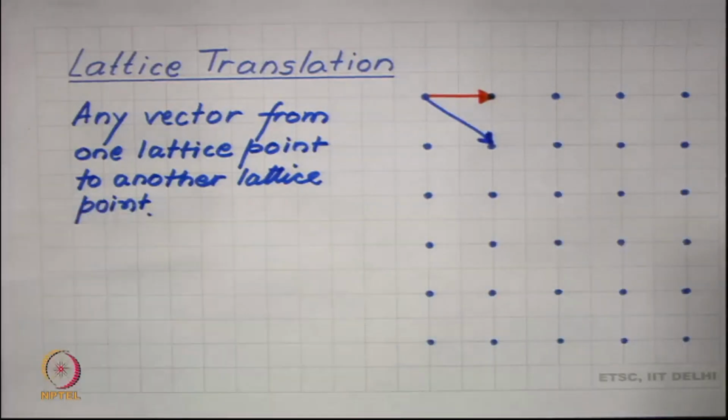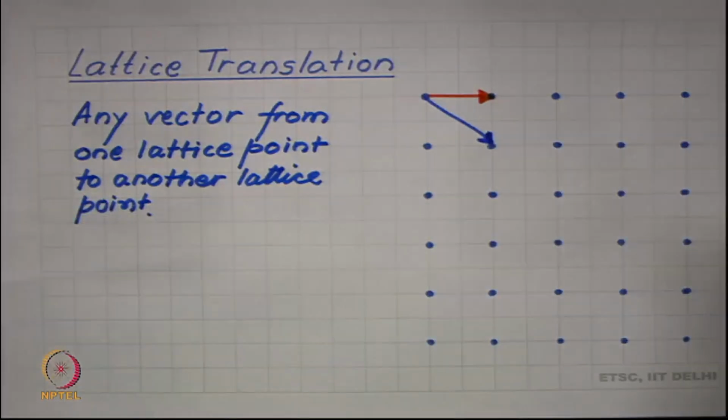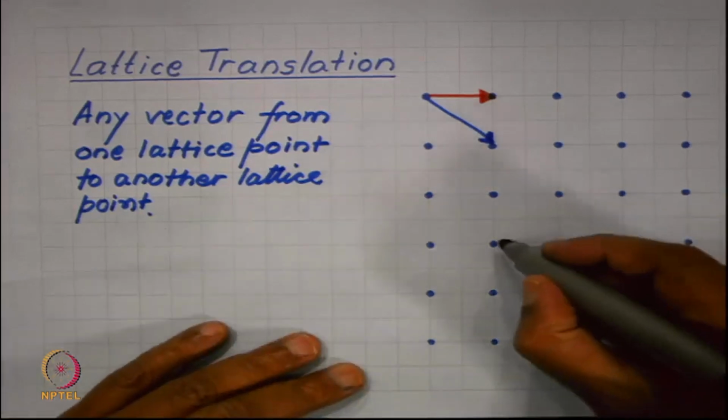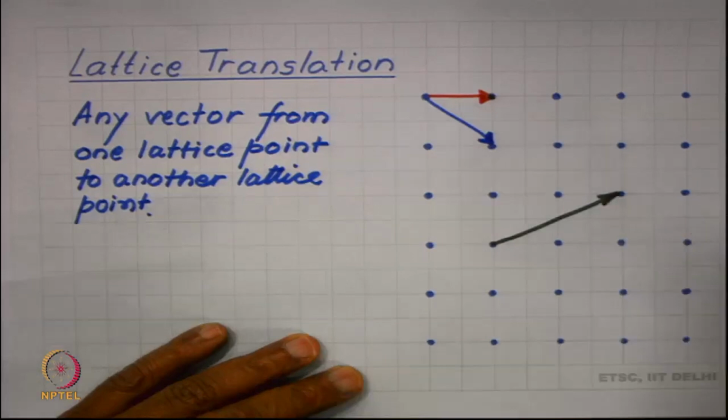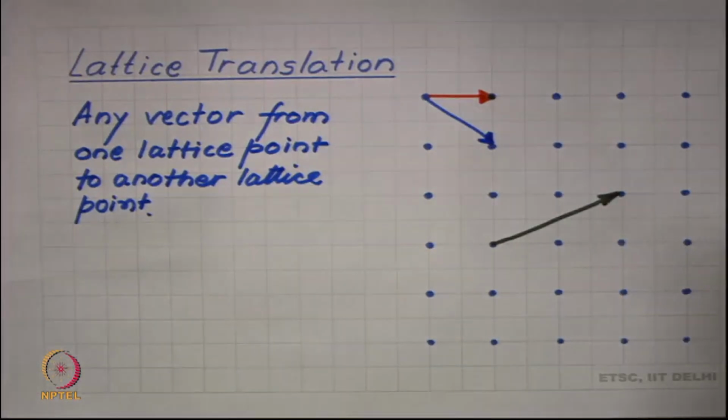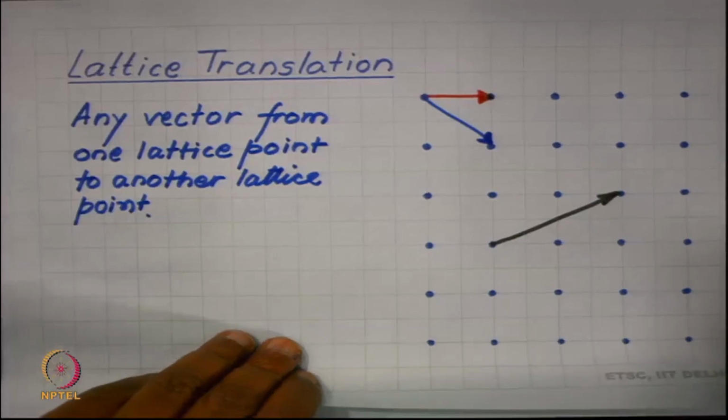This is also a lattice translation. Or yet another, I can start from here and draw this vector. This is a lattice translation. So, all these vectors are lattice translations. Of course, a lattice will have many such lattice translations.